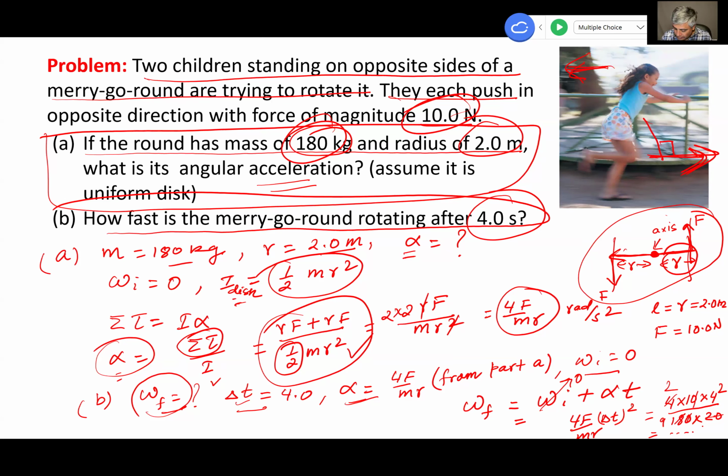Okay, it looks like it is 32 over 9, and the unit of final speed would be radian per second. And of course, you can find the number here or just do this. I think it's close to 3, so it's 2 point something. That looks like what we are getting here.